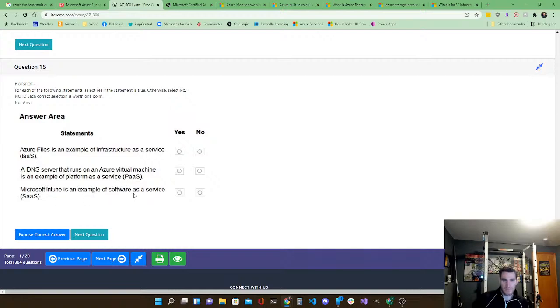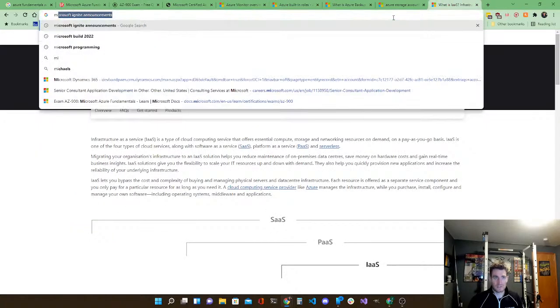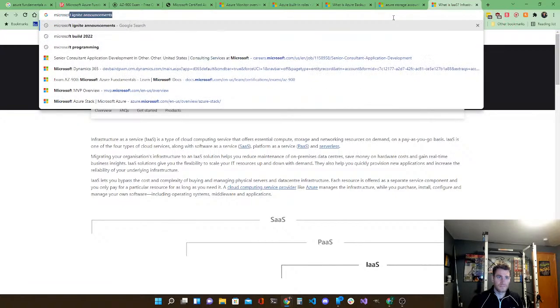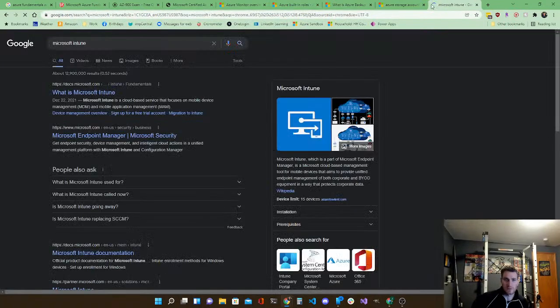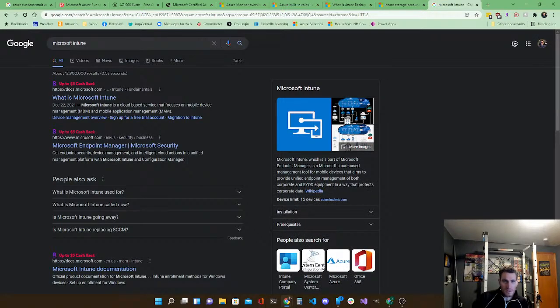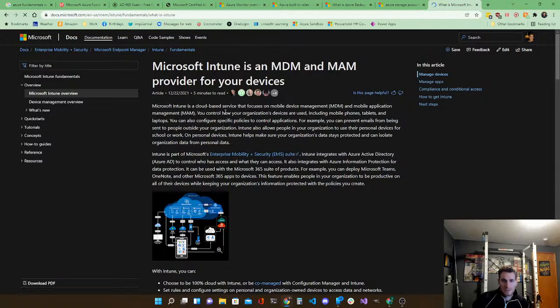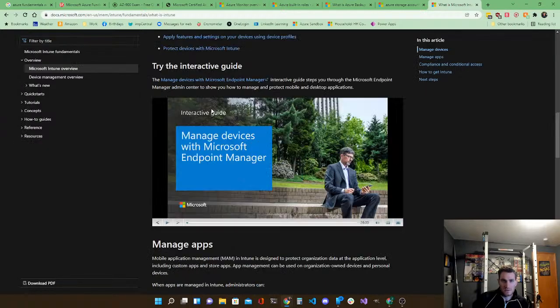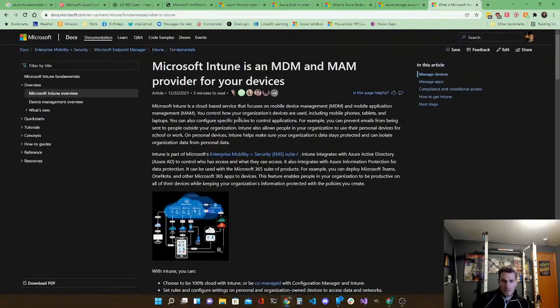Microsoft Intune is an example of software as a service. We go with yes. I don't actually know what Microsoft Intune is, but it sounds like some sort of software. Cloud-based service that focuses on mobile device management. Control how your organization's devices are used, including mobile phones, tablets, laptops.